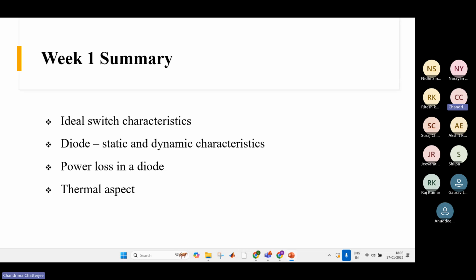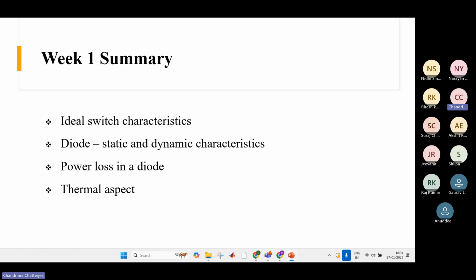So I hope everybody has gone through the lecture of the first week. What we studied was first of all the characteristics of the ideal switch, and then we started the diode, which is basically the most basic semiconductor device. Afterwards we studied the static and dynamic characteristics of the diode, and then the power loss in a diode: the conduction loss, and also the losses during the turn on to turn off transition and the turn off to turn on transition.